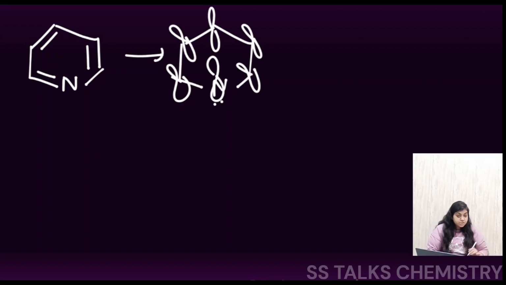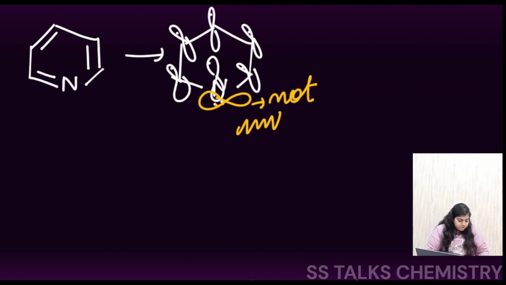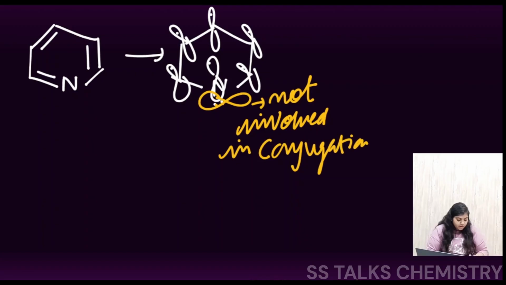Right? So suppose this is your px orbital, which has the electron density over it, and this nitrogen's lone pair will be present in the perpendicular orbital, which is my py orbital, and it is not involved in conjugation. So overall we are seeing that this nitrogen's lone pair is not involved in conjugation.